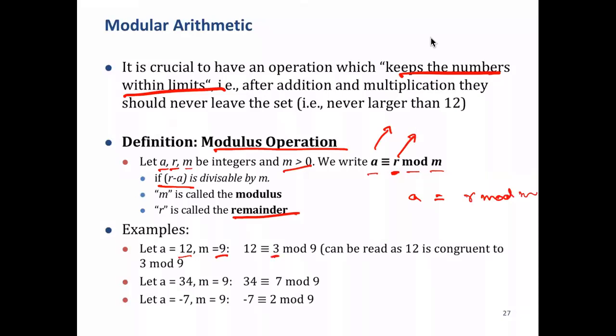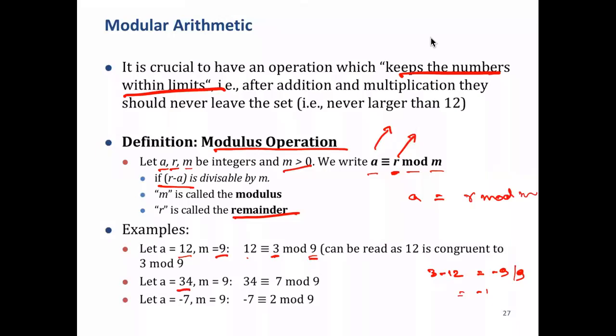It could be any, and one possibility is 3, because 3 minus 12, which is equal to minus 9, is divisible by 9. So we get 3.